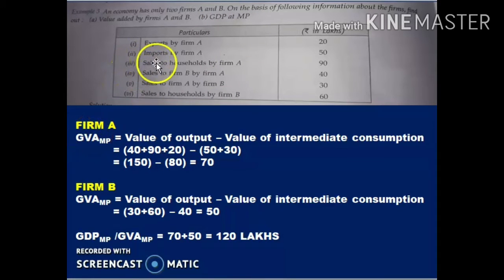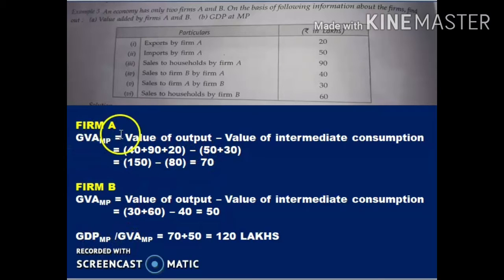Here you can see that firm A and B are given separately, so you have to find the values separately. Then you add the values to find GVA MP as total, or we can say GDP MP as total. As it is the product method, you have to find the GDP MP first.